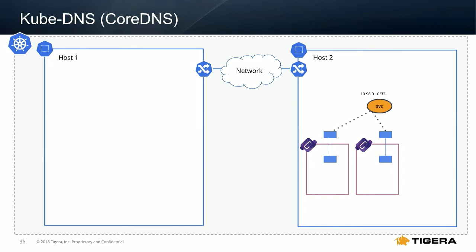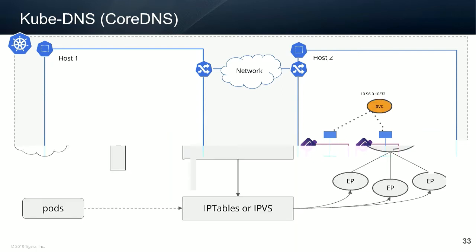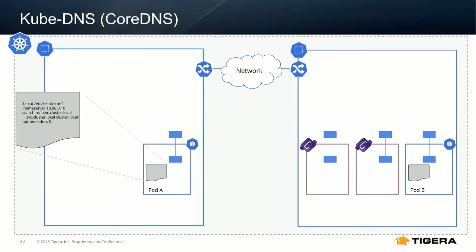So in this example, the name server is given the service IP for KubeDNS, which is 10.96.0.10. And it also sets up the correct search path to use. If you notice, the search path now includes the particular namespace that this pod is running in, followed by svc.cluster.local, followed by cluster.local.